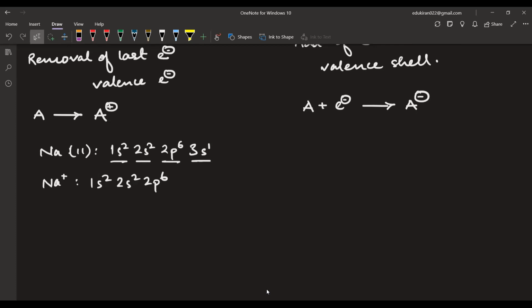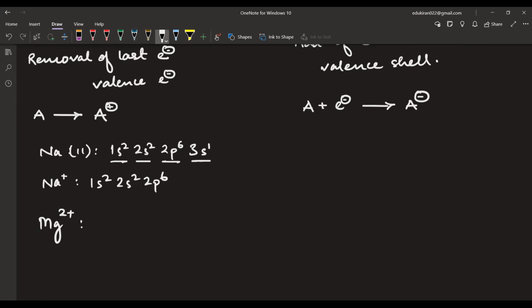Similarly, for example, if you have Mg2 plus, what you will do is write for Mg first.